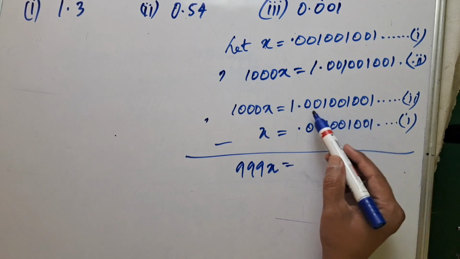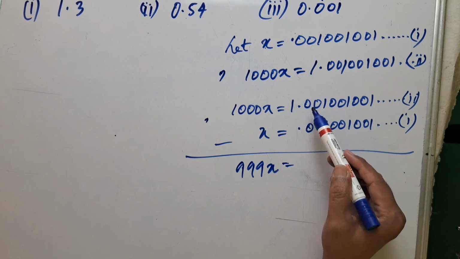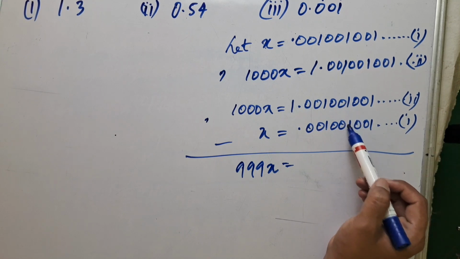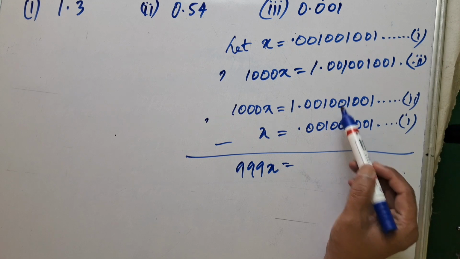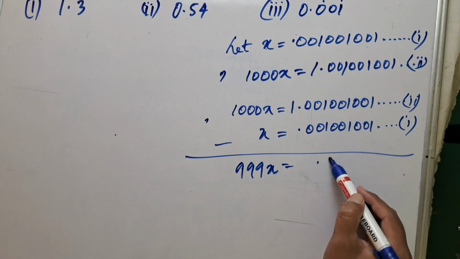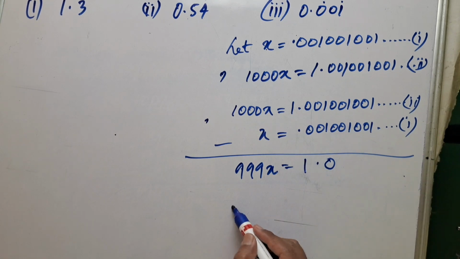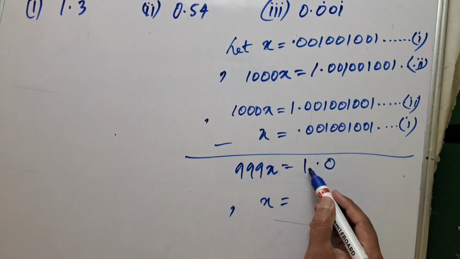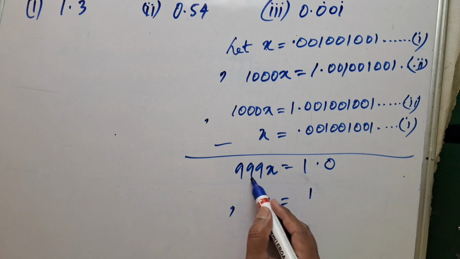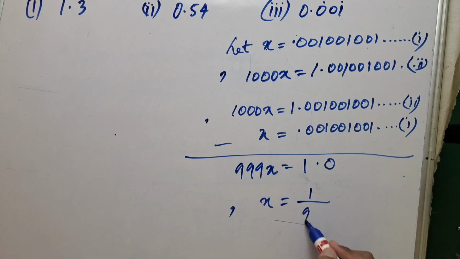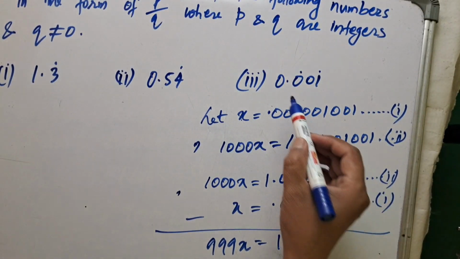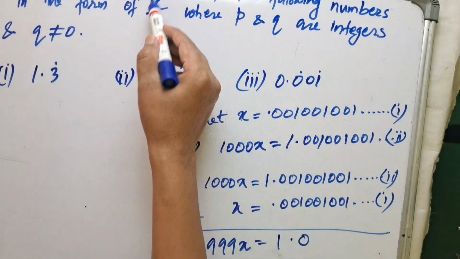Now when we subtract, let us see the numbers after the decimal point only. Same numbers after the decimal point, isn't it? When we subtract the same number, we get 0. So we write 0 here after the decimal, and before the decimal we have 1. So x equal to 1.0, which means 1, and this 999 will go to the denominator by cross multiplication. We were asked to convert this number into P upon Q form.